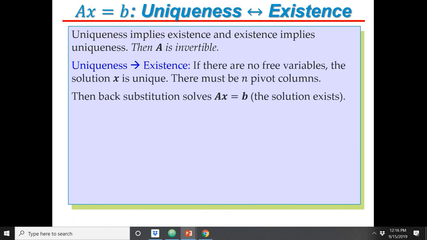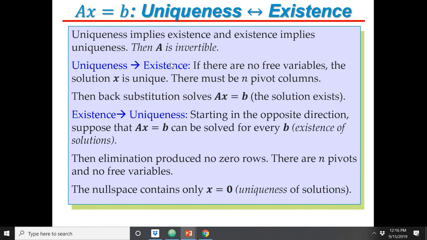So let me quickly go through this. If the solution is unique for this rectangular matrix in solving Ax equal to B, it means you don't have any non-zero elements in the null space, so there are no free variables. So you have n pivot columns, and with back substitution, basically you can solve Ax equal to B, so the solution exists.